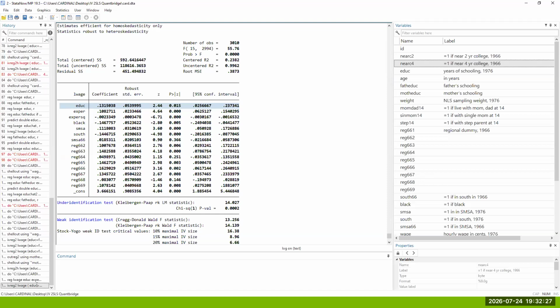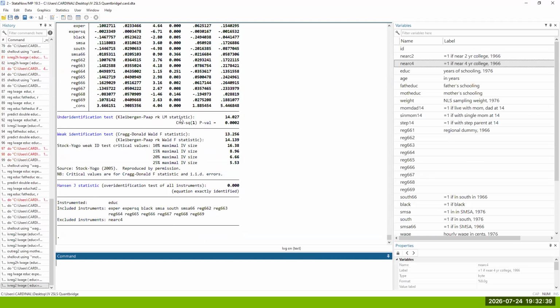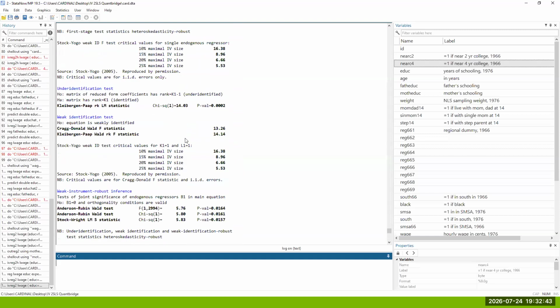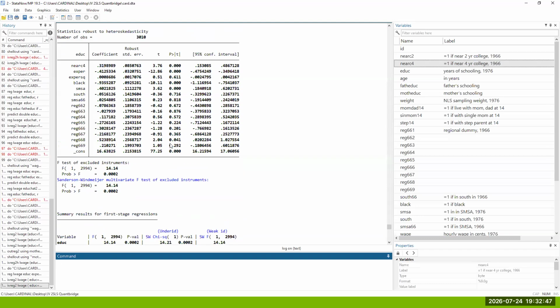In my code, I did not specify the first stage, so it did not give me the first stage equation. So let me now introduce the first and re-estimate. What you will have here is usually the second stage model. The first stage will be reported up there. So what's the effect of nearc4?